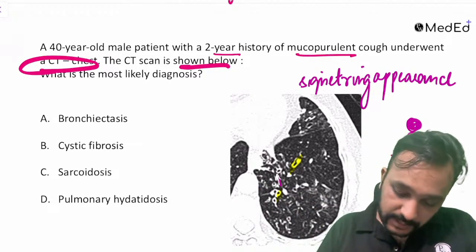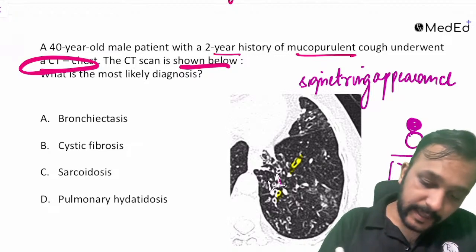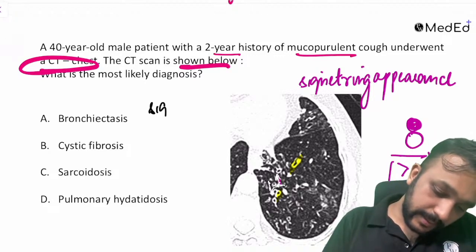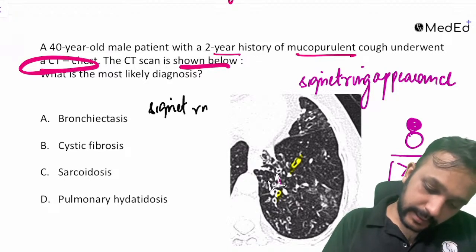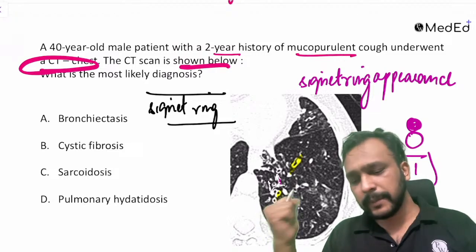So here in this patient, we can see that these abnormal dilated bronchi are giving a signet ring appearance, and this signet ring appearance is seen in patients with bronchiectasis.